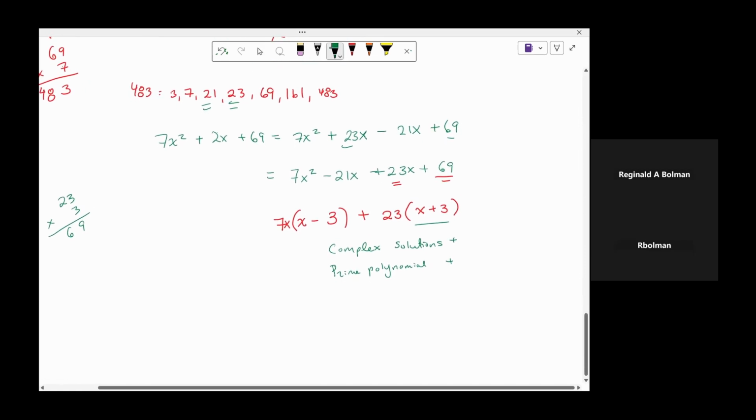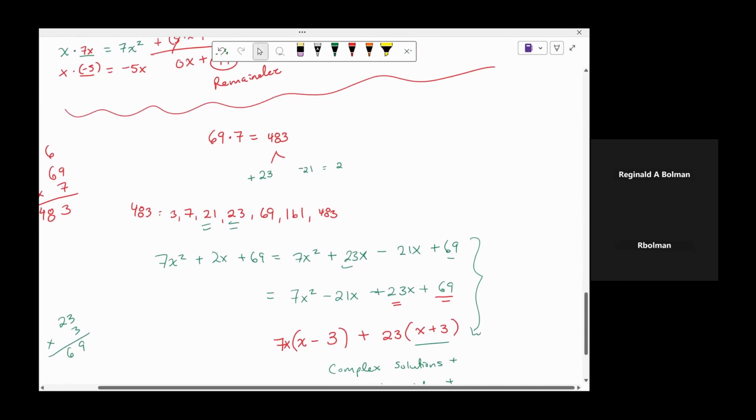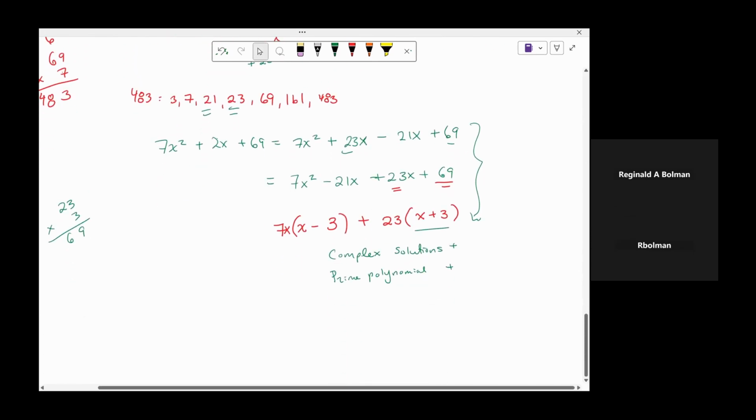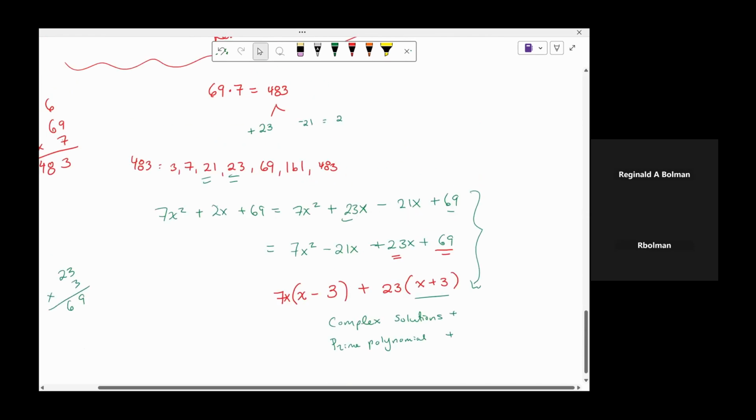And so pretty much, even though this factor by grouping should have worked, the reason why it is not yielding the correct setup by which you can then do some rearrangement and find some nice factors is because the actual solutions to this polynomial must either be complex, or it's also possible that what we're really dealing with when we talk about 7x squared plus 2x plus 69 is a prime polynomial.